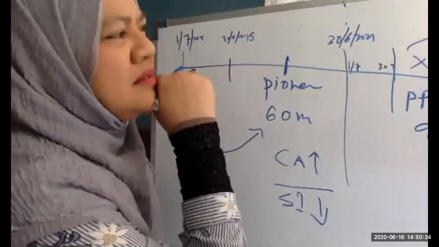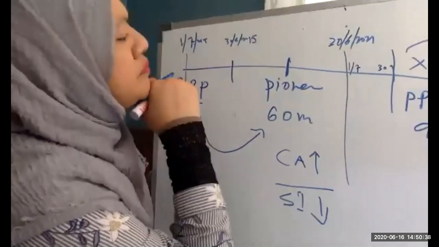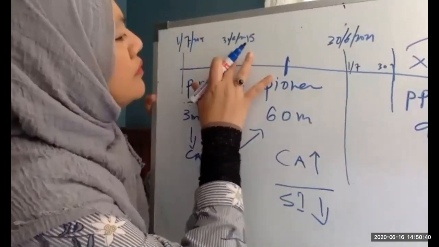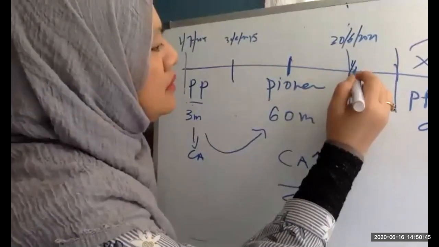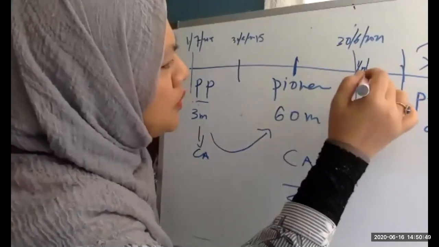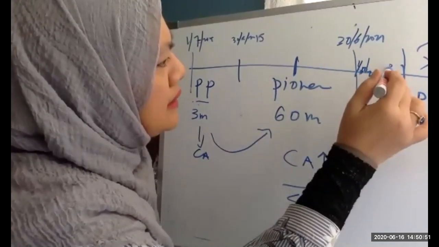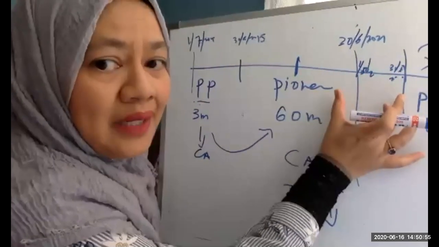Is it? Because it starts 1st October. 1st October 2021 until 30th of June 2022. Isn't it? Still a pioneer period.